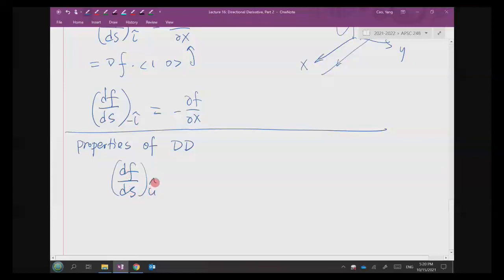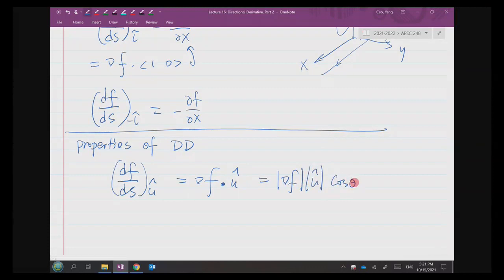df over ds, the directional derivative in a certain direction u hat, equals del f dot u hat. So basically, you have a dot product between two vectors. Del f is the gradient, u hat is the direction of moving. Then I can apply the formula for the dot product, which is the magnitude of the gradient vector multiplied by the magnitude of the unit vector, and then multiplied by cosine theta.